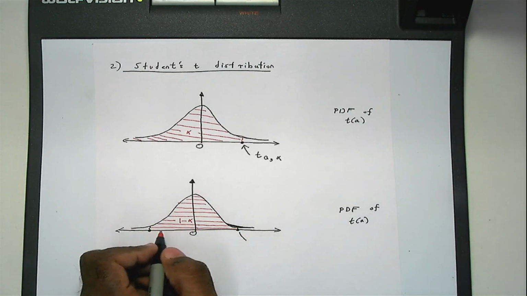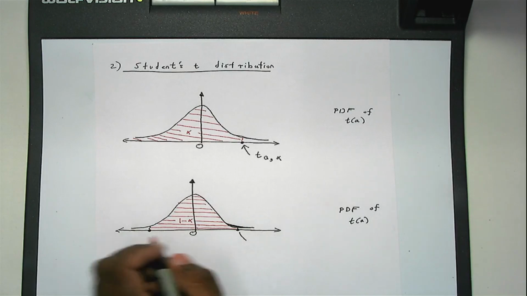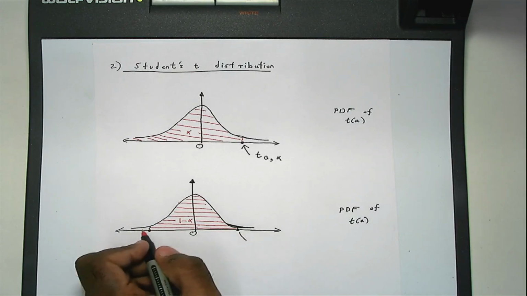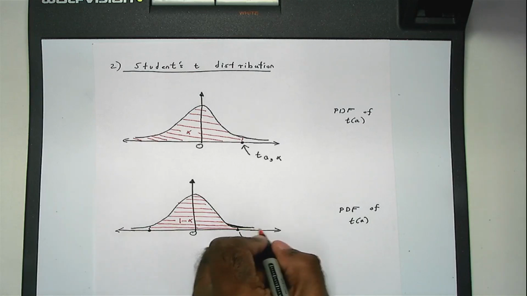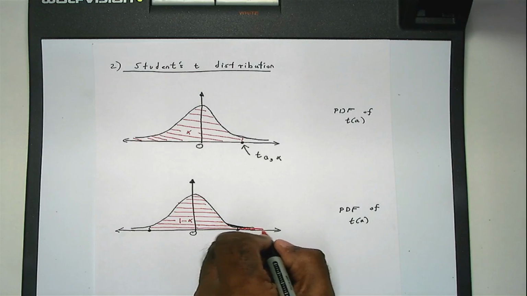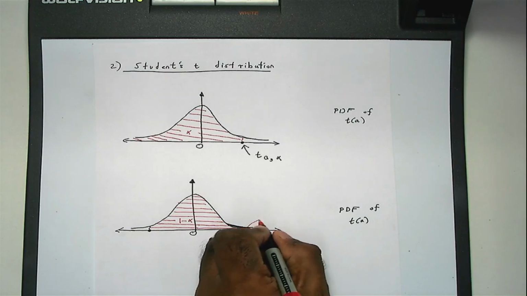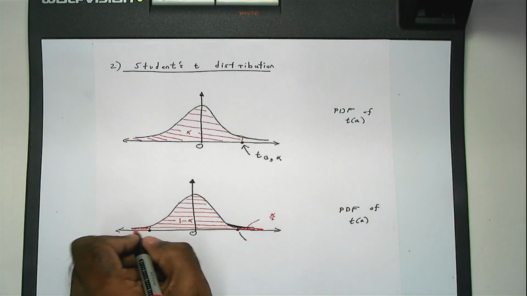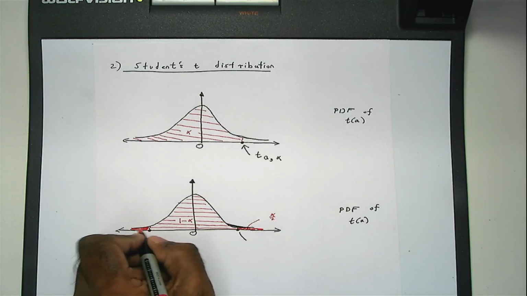And if we want to have equal areas over here and over here, we will take this piece here to be alpha over 2, and the piece here to be also alpha by 2.